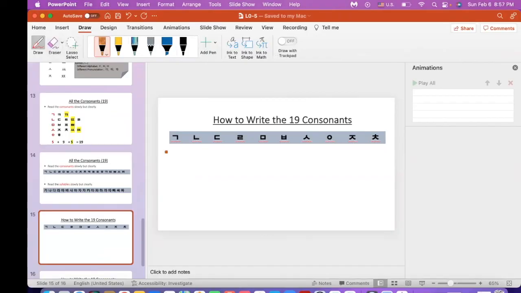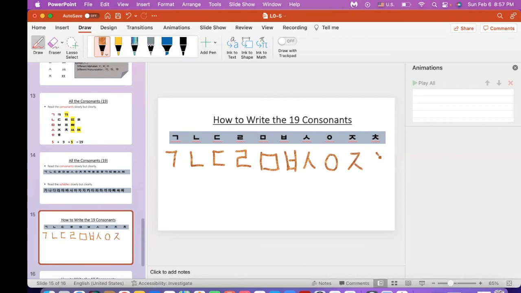For the 그 sound, I can write this. 그, 느, 드, 르, 무, 브, 스, 응, 주, 츠.